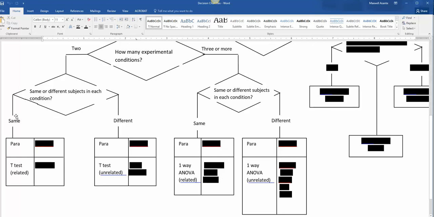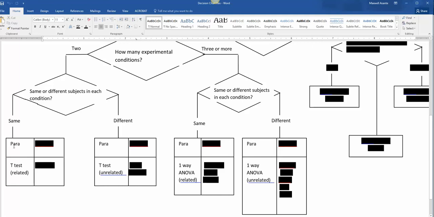If you have the same individuals being exposed to the cool room and the hot room, then you have the same subjects in the conditions of the experiment, in which sense your test that you will need to use for determining differences between the performance in the two different conditions is the t-test for related samples. This is the eventual test we are considering here.